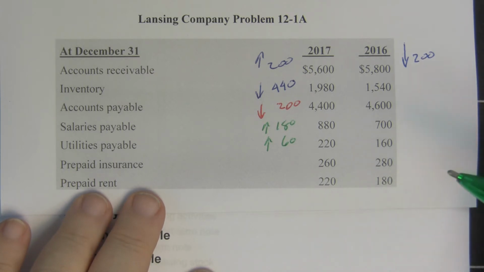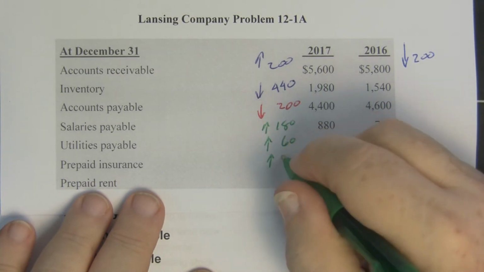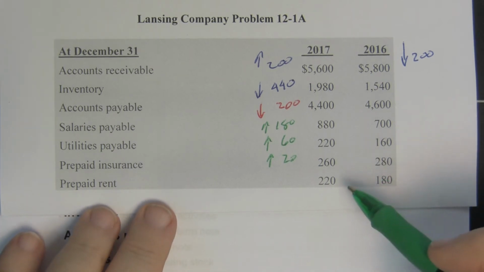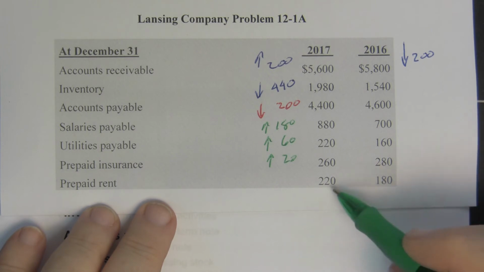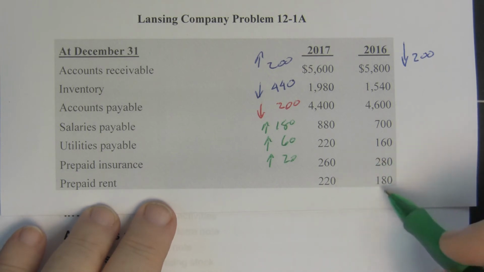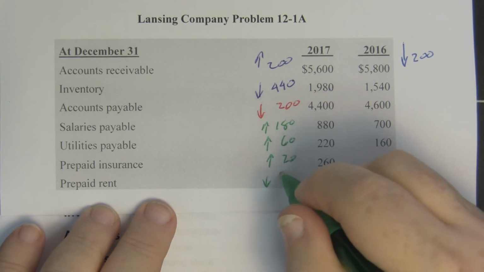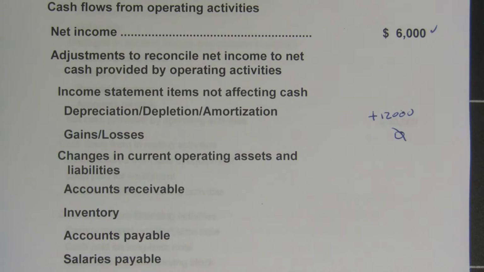So we paid that before. So our cash for this year goes up. And last but not least, our prepaid rent was 180, is now 220. In other words, we bought more prepaid rent, so our cash went down $40. So they're the adjustments we're going to make.